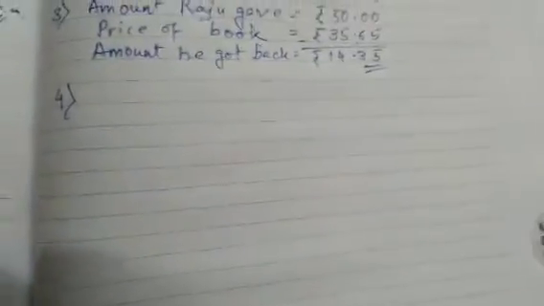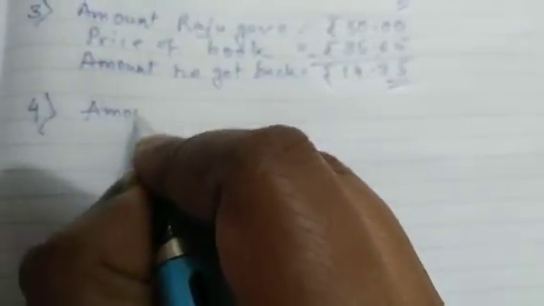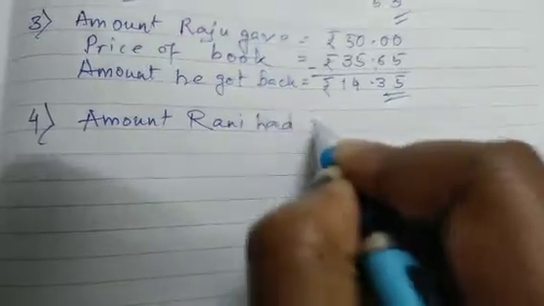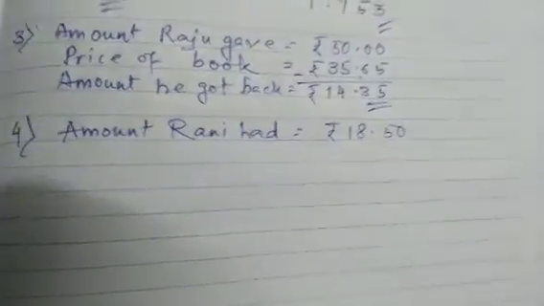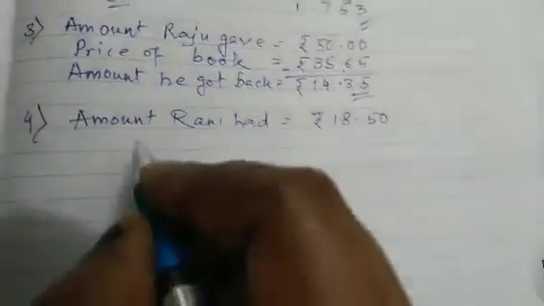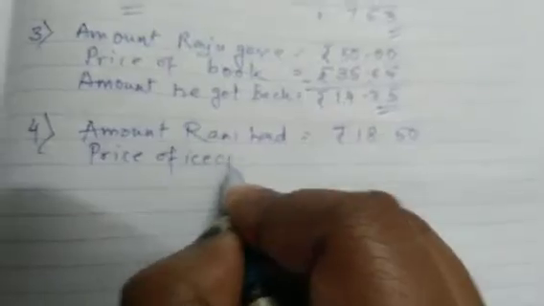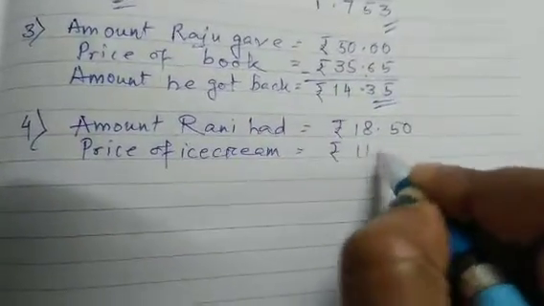Next, coming to question number 4. Rani had rupees 18.50. So the amount Rani had is equal to rupees 18.50. She bought one ice cream for rupees 11.75. So the price of the ice cream is rupees 11.75.